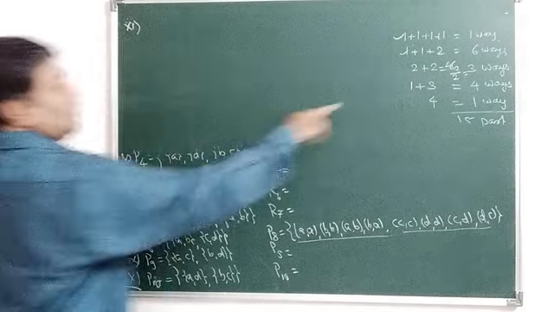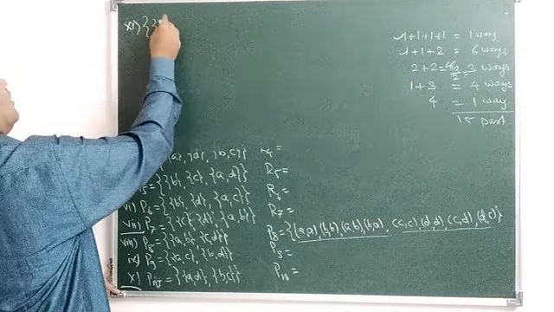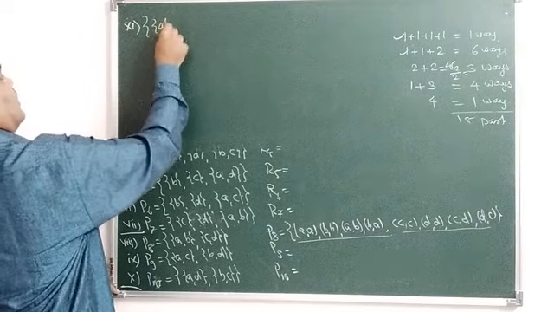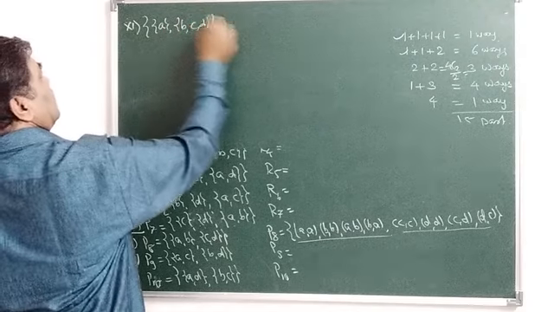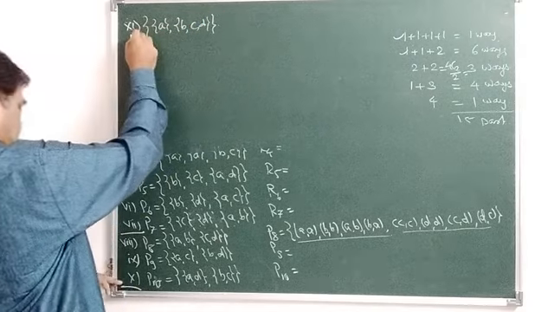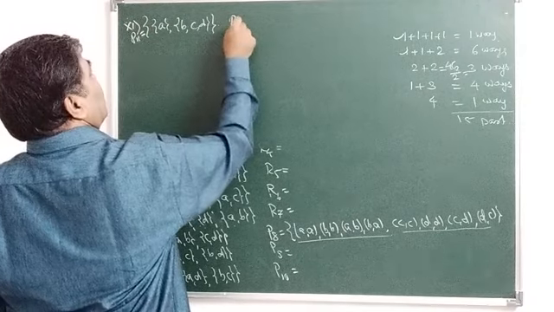Eleven, 1 plus 3. So 1 means A and B, C, D. Right. This is my P11. Then what is your R11?